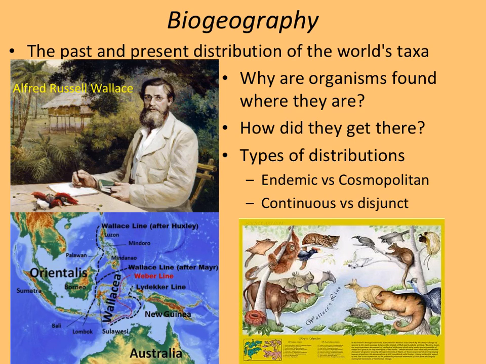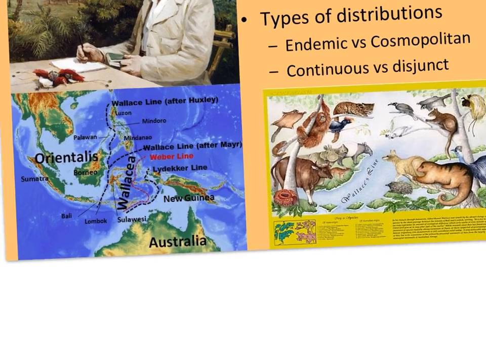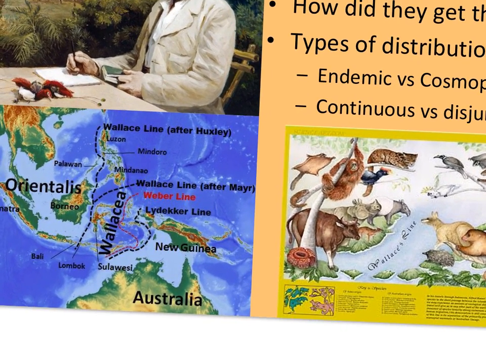Well, there's this line right here. It's called the Wallace line. So all the species in this area are similar to all the species in Southeast Asia. Okay? And then on the other side, it's Australasia, including all these different marsupial mammals.